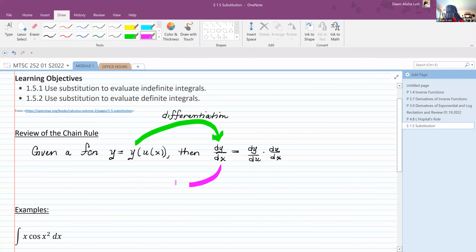The first thing we learned was that when you integrate x to the n dx, you get x to the n plus 1, divided by n plus 1. And this only works when n is not equal to -1.